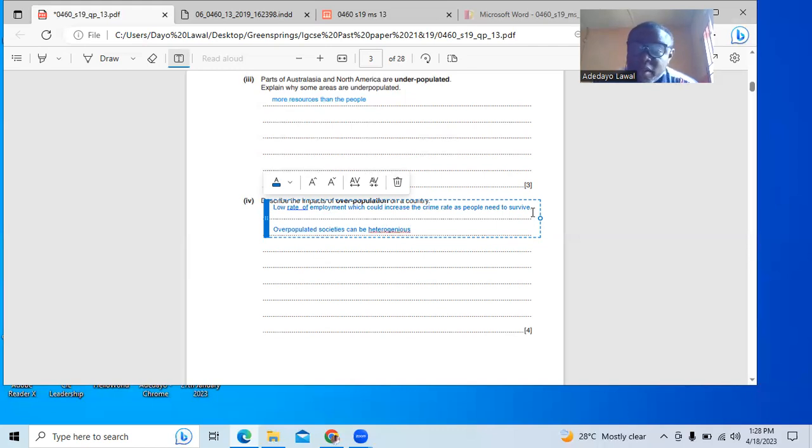It means many cultures, many people of different backgrounds, which increases the diversity. Overpopulated societies can be heterogeneous. Heterogeneous means that, like I said earlier, multicultural society, which increases the diversity of the area.